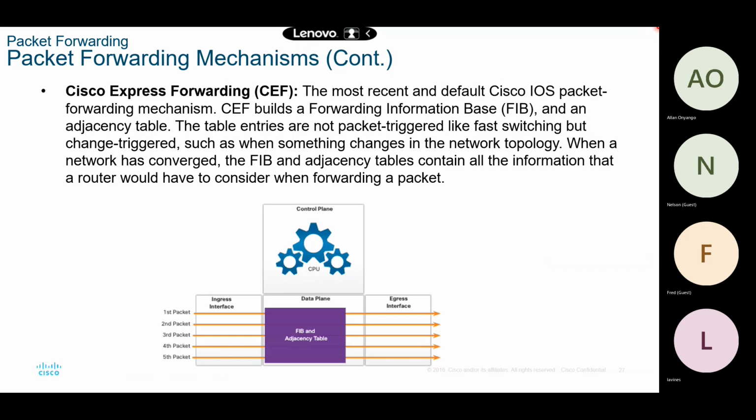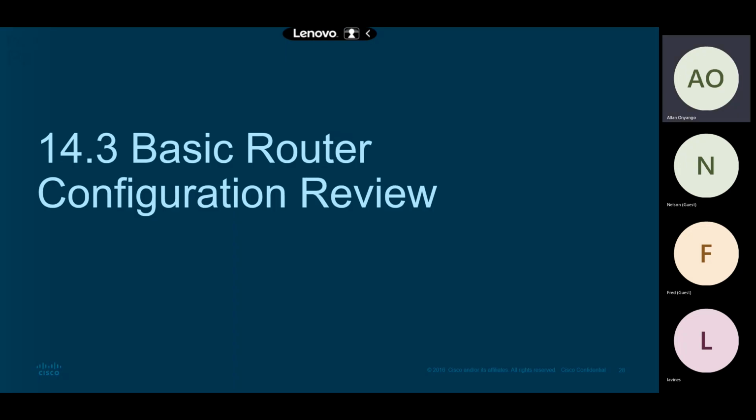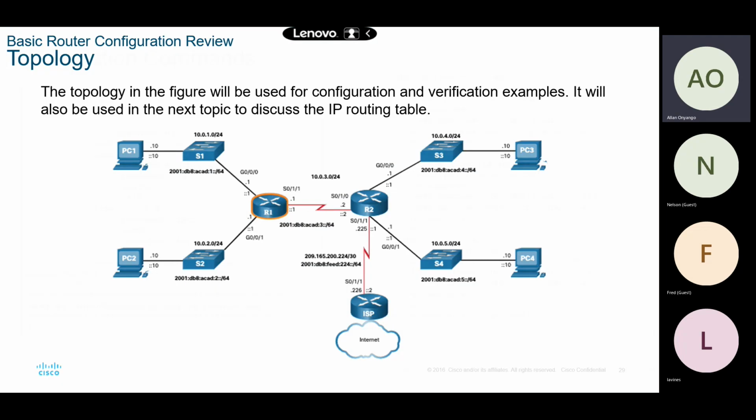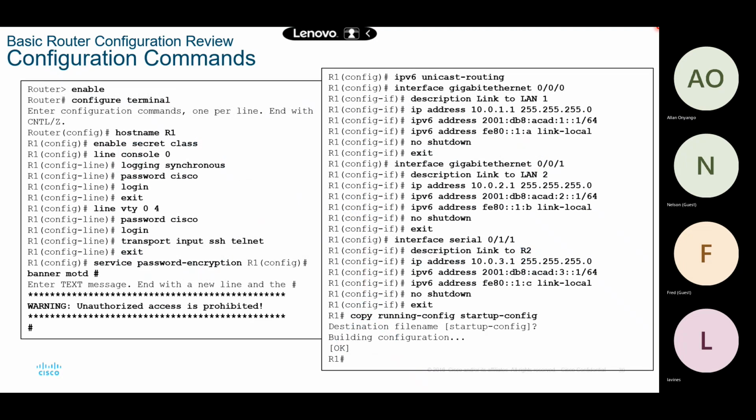Now, it's important to note that we did talk about basic router configurations, and there's nothing that you do not know here. We talked about from enable to configure terminal, hostname R1, enable secret class. Then line console 0.